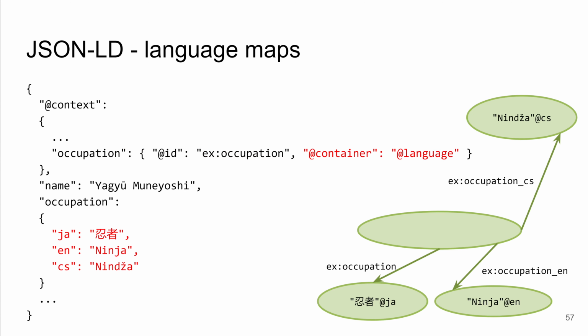And now in the JSON data, we have occupation, its value is a JSON object, and in that JSON object there is a list of key value pairs where the key specifies the language and the value specifies the text in that language. So this is a special construct, which is how JSON developers would handle multi-language strings, or multilingual strings, and JSON-LD is able to map this into proper RDF using the language map construct.